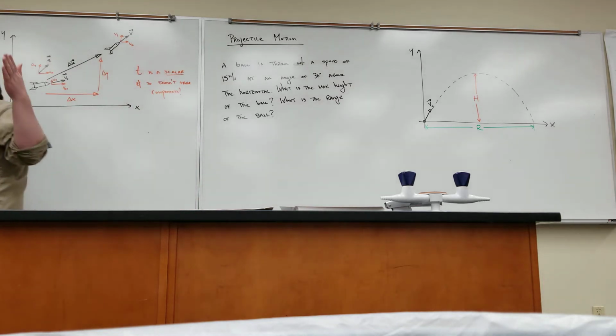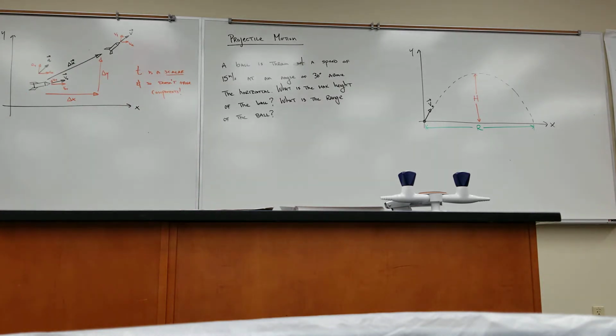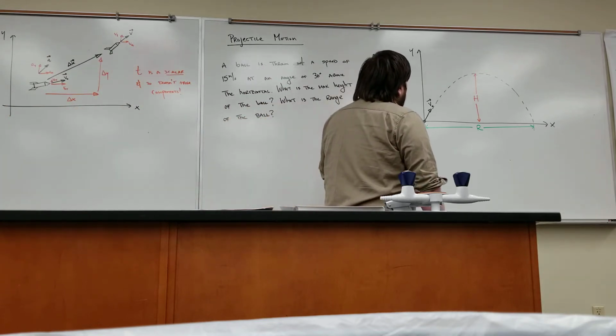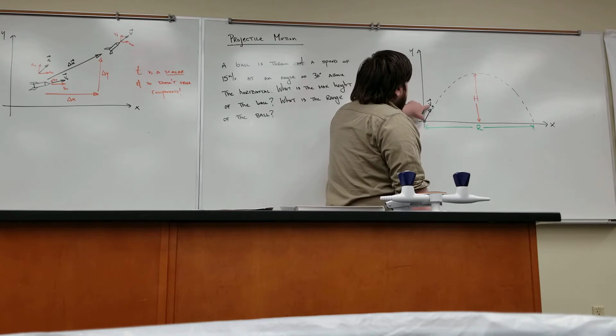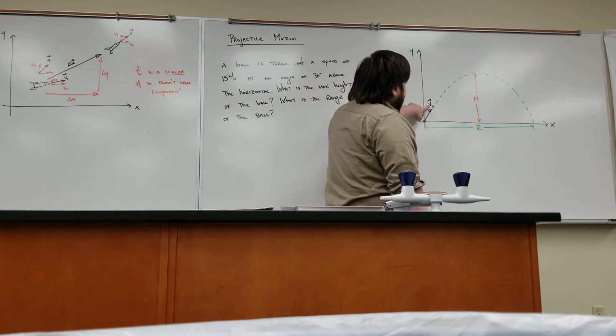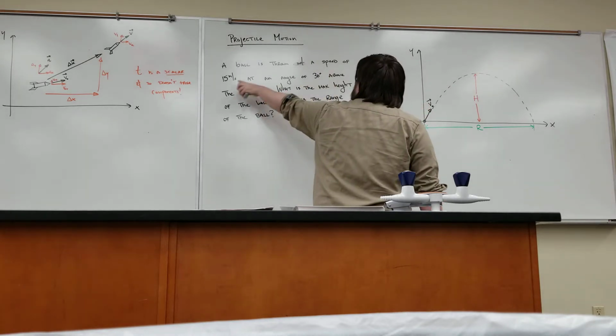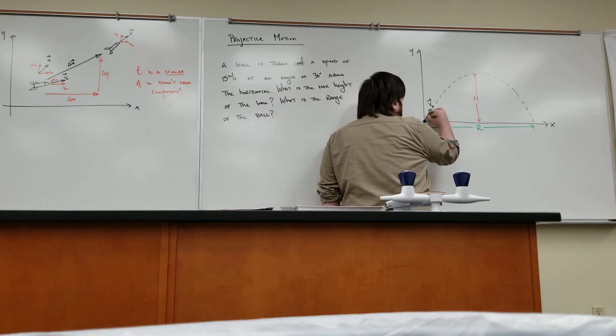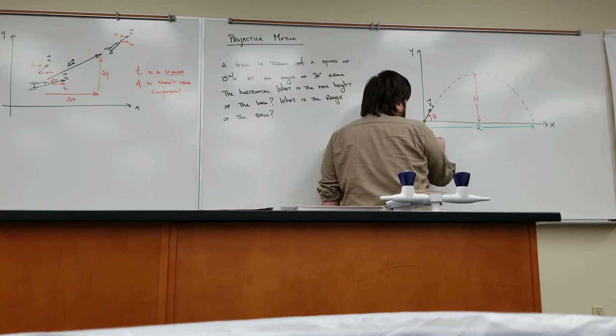Okay, and it's that horizontal distance that the projectile lands away from where it's thrown, away from where it's launched. Okay? So in addition to the initial speed that the projectile is launched at, 15 meters per second, we need the launch angle of the projectile.